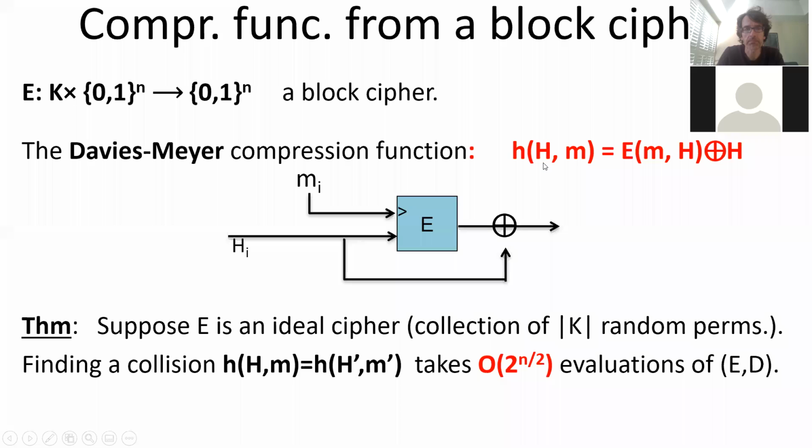I have a pair, H and M, and the way I hash them is that I use the M part of the compression function input as the key. So the little m must be in this space, and I use the H part as the plaintext in the cipher. I run the cipher on this, and I XOR the result with the H part.